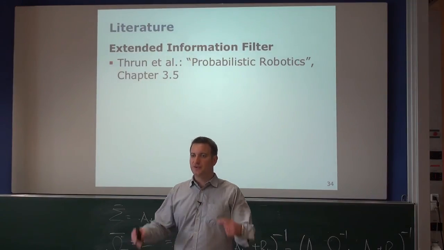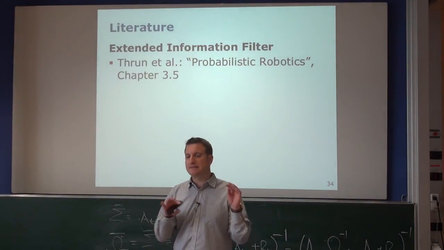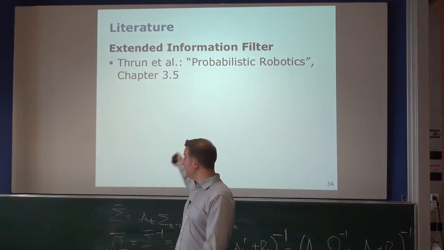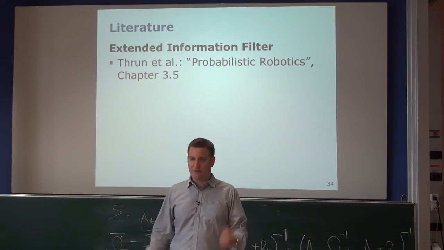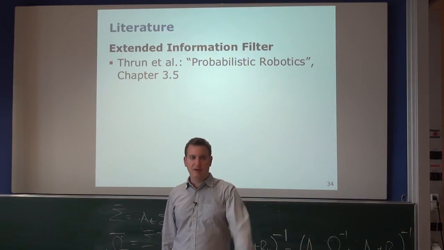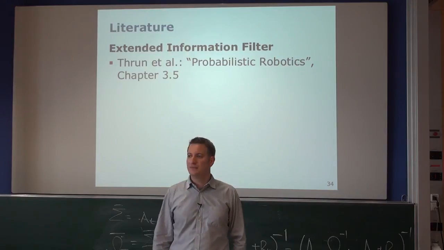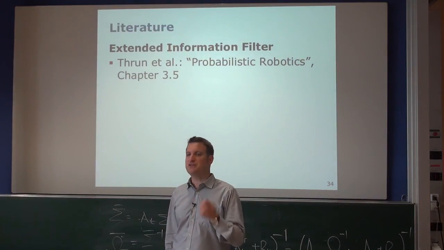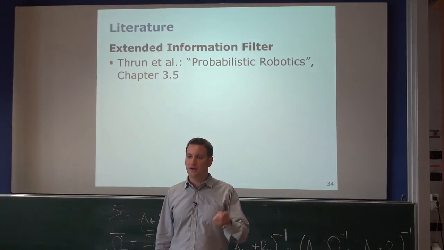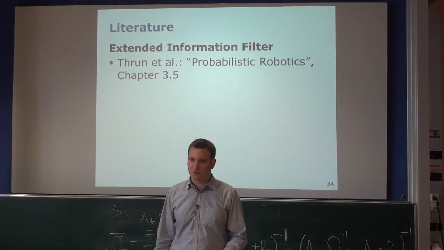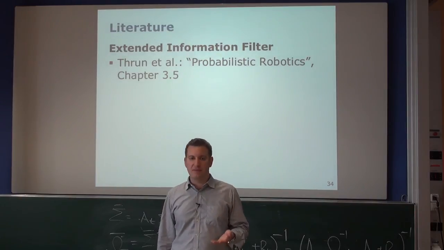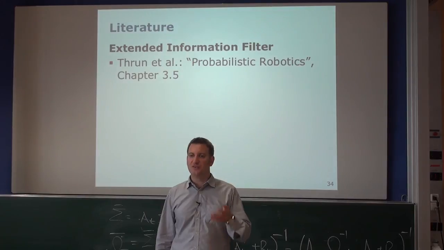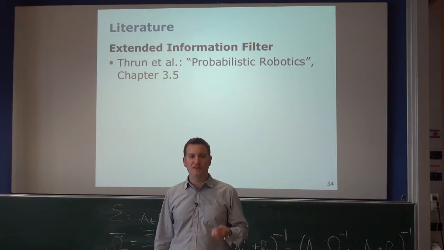So whenever you're saying today, oh, this information filtering was not completely clear to me, revisit the slides, or maybe read this article, or if you have a question, ask me, or Fabrizio, or Rainer, whoever is here to help you. Because information filtering should be pretty clear to you, because next week sparse extended information filtering will get a little bit more mathematical, a little bit more tricky in some of those details. So it is worth making sure that you know what an extended information filter is and how it works.